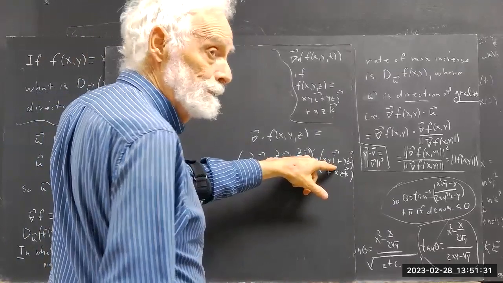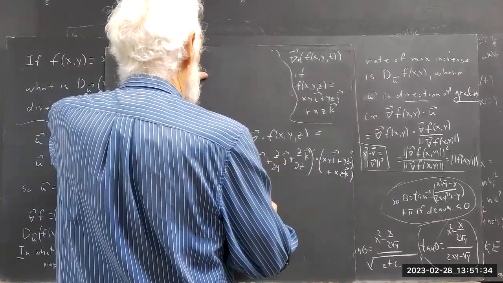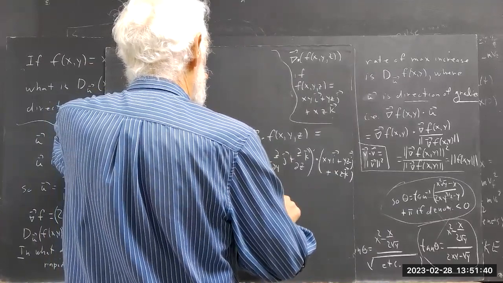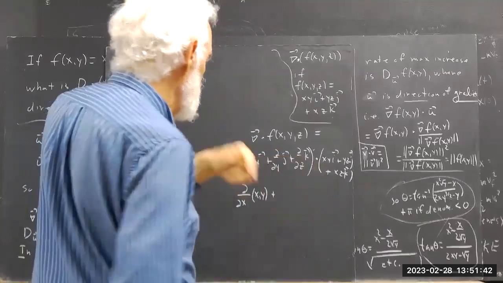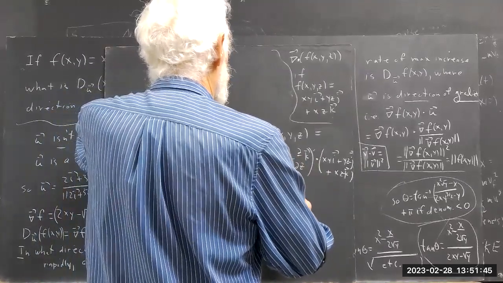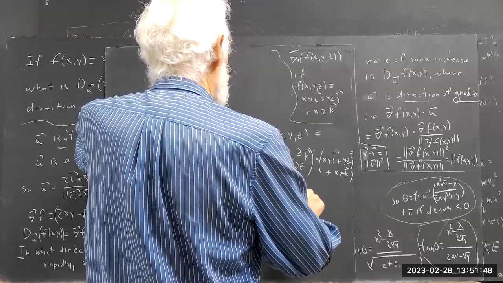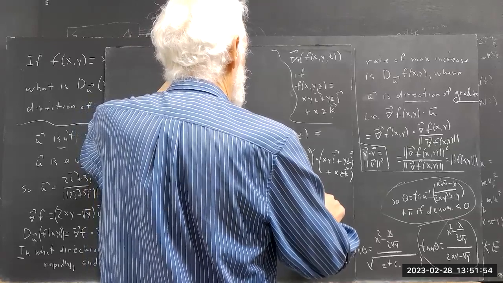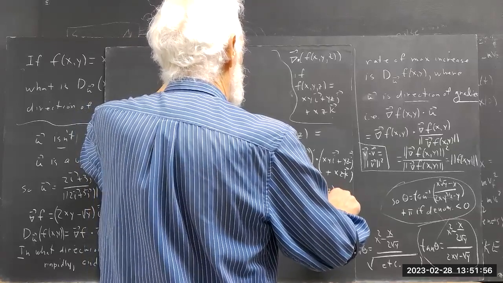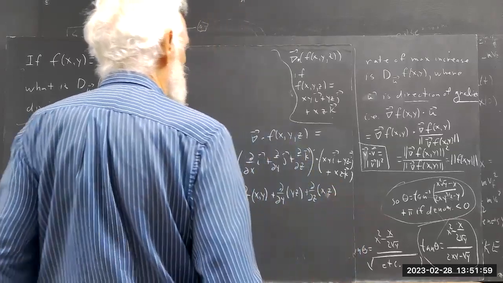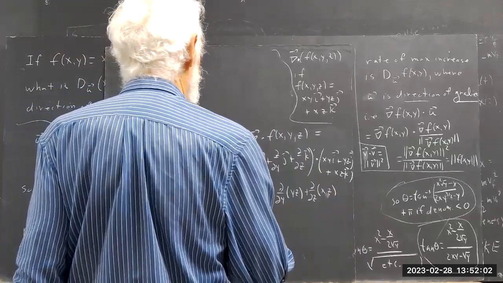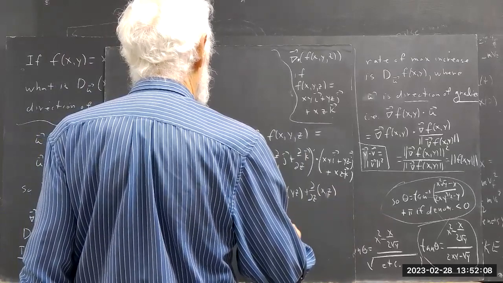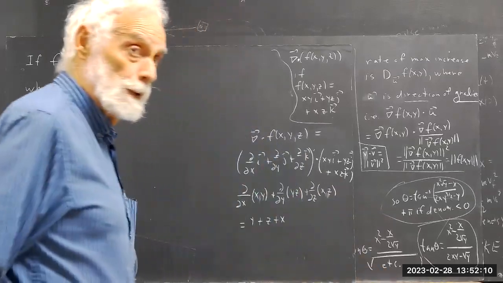Well, i dot i is one, so we would do the partial with respect to x of xy, plus the partial with respect to y of yz, plus the partial with respect to z of xz, which is just y plus z plus x, or x plus y plus z.